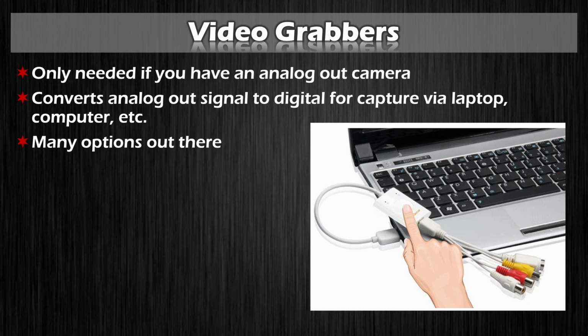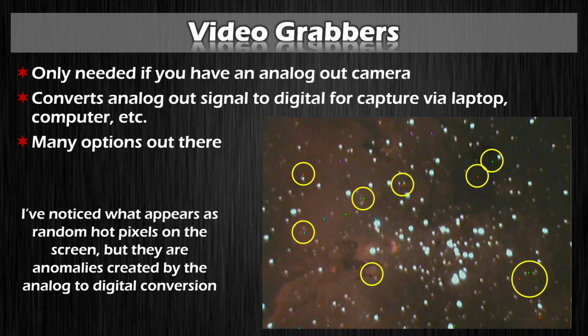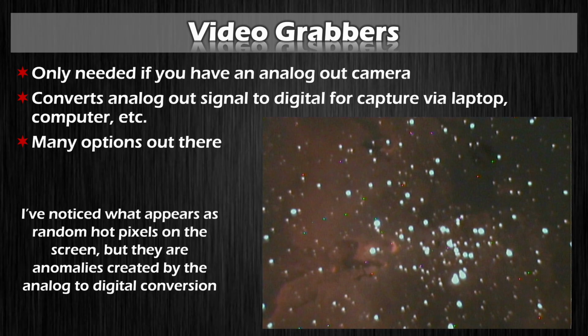They convert an analog signal to a digital signal and then send it via USB to your computer. And in my experience, I've noticed what appeared to be some rather hot pixels, but these would blink on and off. I'm not sure exactly what was causing it, but I attributed these anomalies to the analog to digital conversion process.